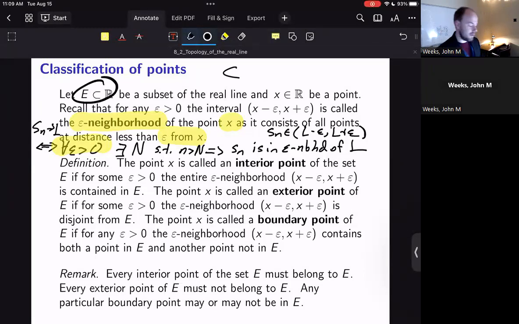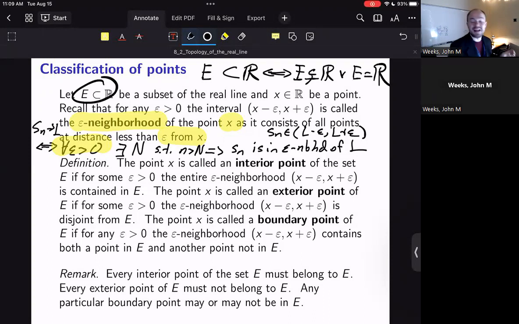We are not going to use that notation. We are going to say that E is a subset of R to mean either E is a subset and not equal to R, or E is equal to R. So it is possible for E to be a subset of R, including being equal to R itself, whenever we use this notation. That's the notation we're going to be using throughout this course.